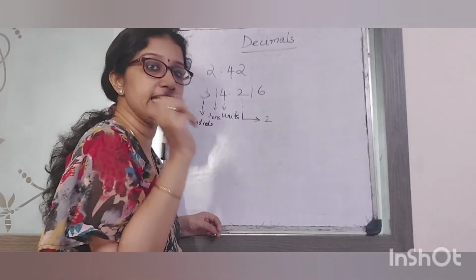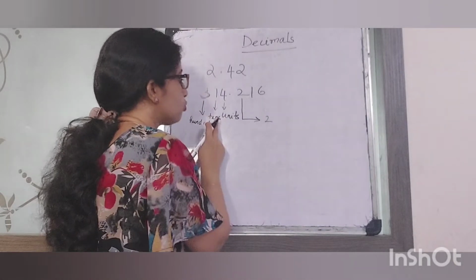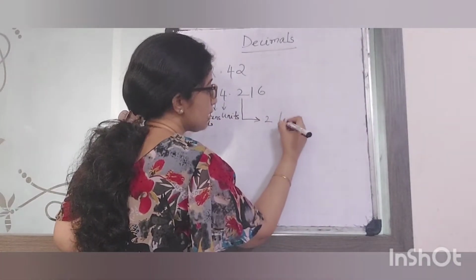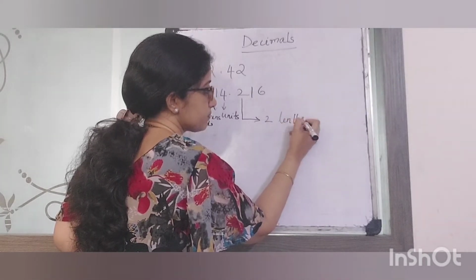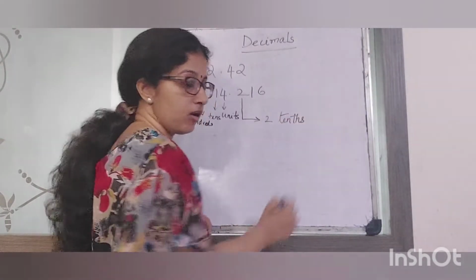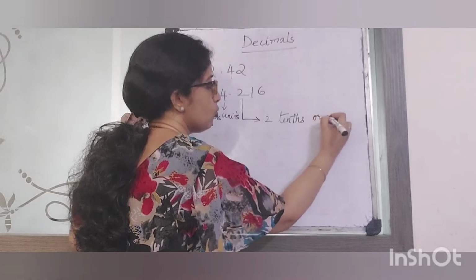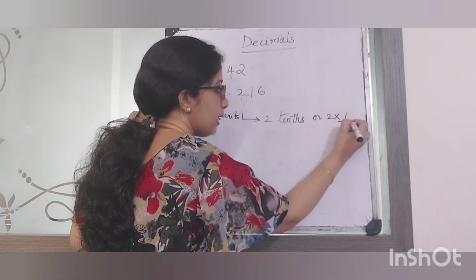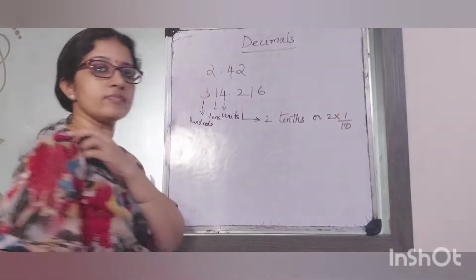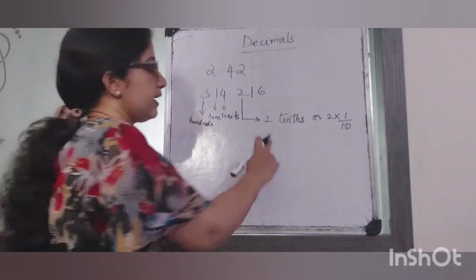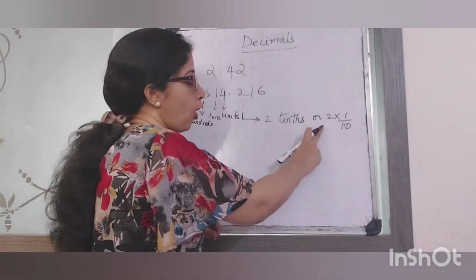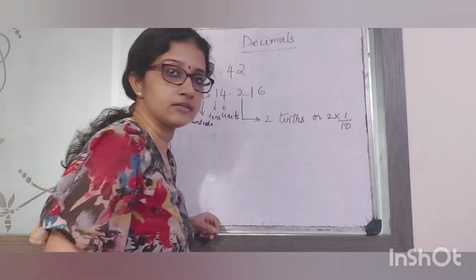You have to put a 'ths' there. Not 2 tens, it is 2 tenths, or 2 into 1 by 10. So you can write it as 2 tenths or 2 into 1 by 10.